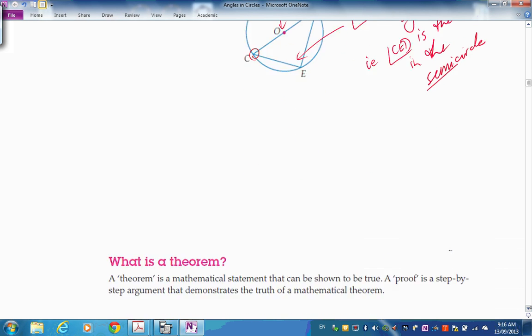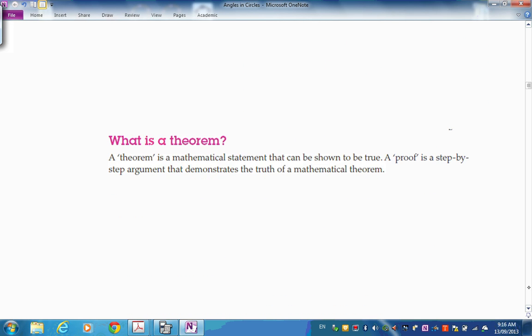Okay, what's a theorem? Euclid responsible for a lot of the theorems in geometry. It's a mathematical statement which has been shown to be true. Where does it start from? Observations, where we make some observations and we make a conjecture, a proposition or a hypothesis based on our observations.